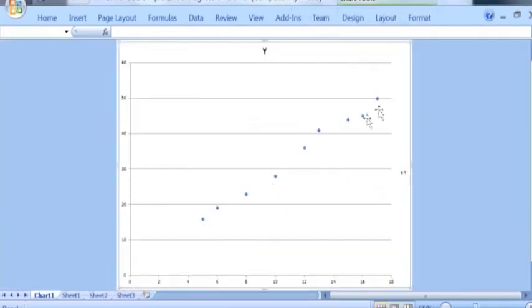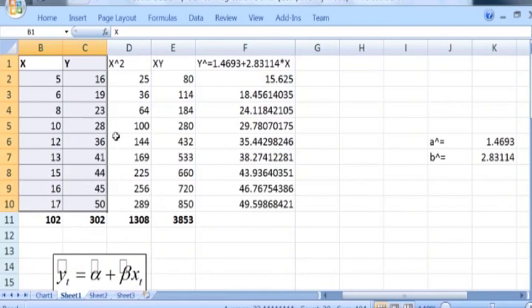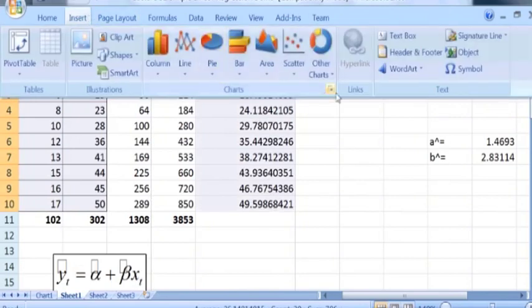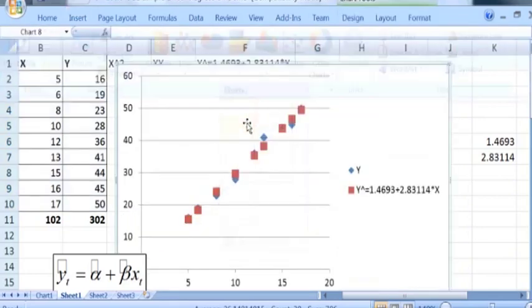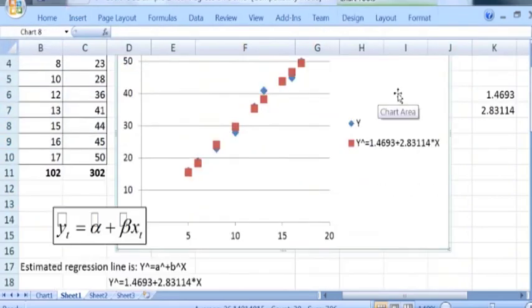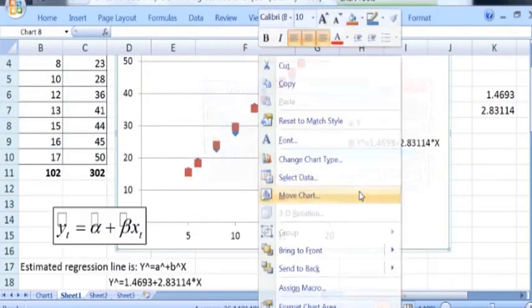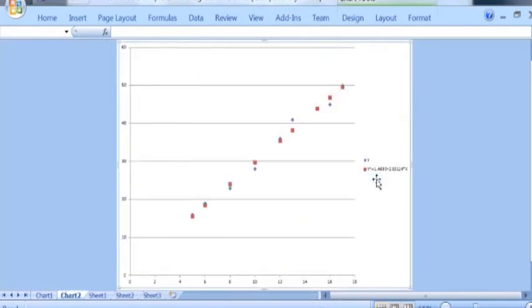You can see that the relationship between x and y can be represented with the help of a straight line. Now just press Ctrl and select this y hat as well. Now go to Insert, Scatter, select this one. Move this chart to a new sheet to have a better look.